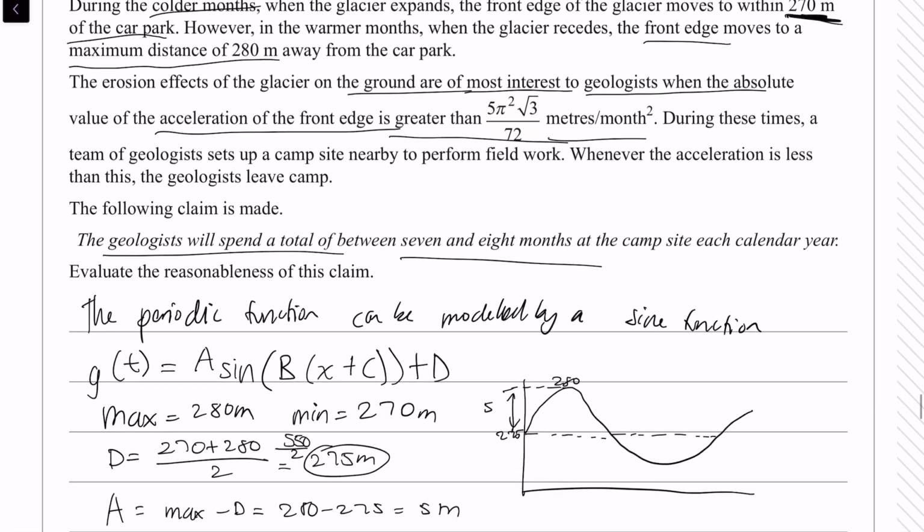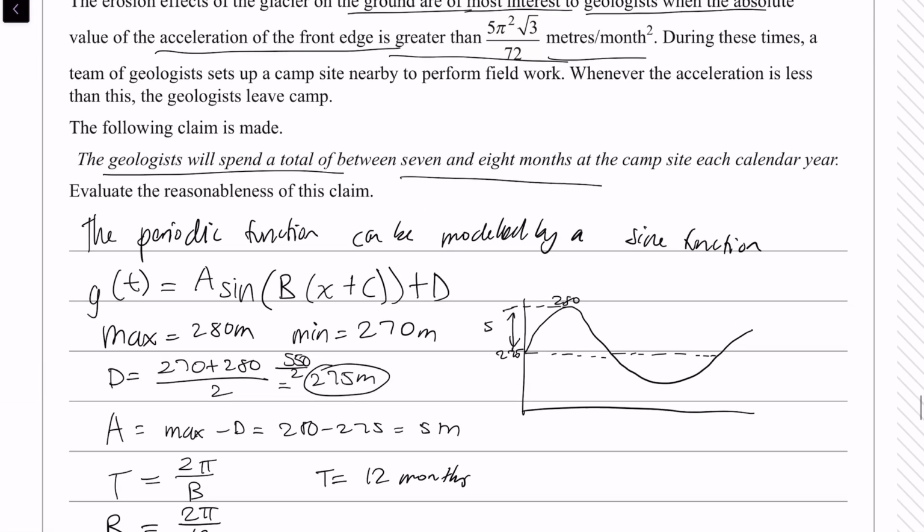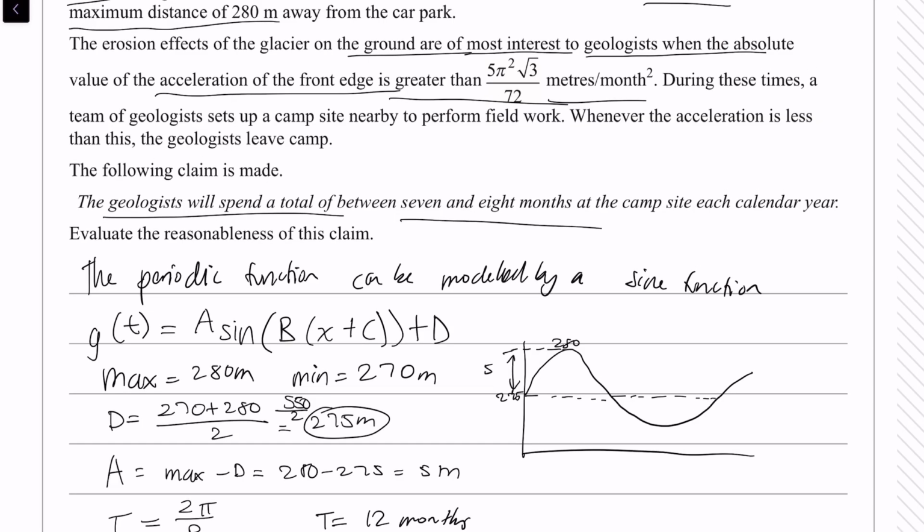In this case here, we need to take note that the absolute value of the acceleration can be derived from both a positive and a negative value.